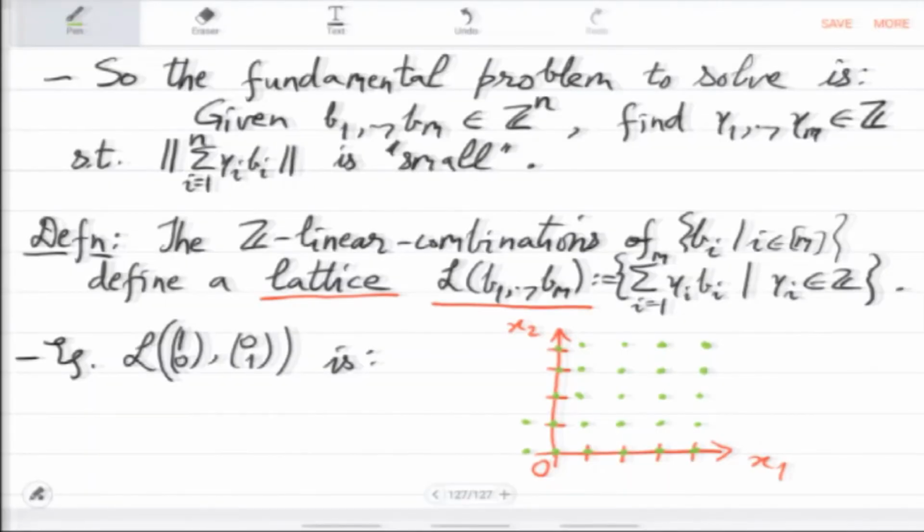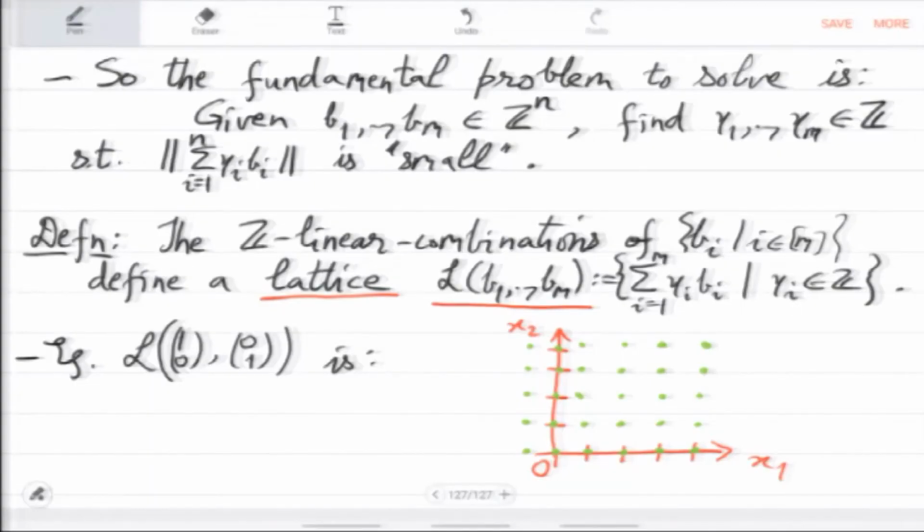So this is how a lattice looks. As you can deduce from the picture, it's a very discrete object. You really have to jump from one point to the next. There is a big gap between them, and this is happening because you are taking integral combinations and not real combinations. These are very useful objects, as you will find out in the next lectures.